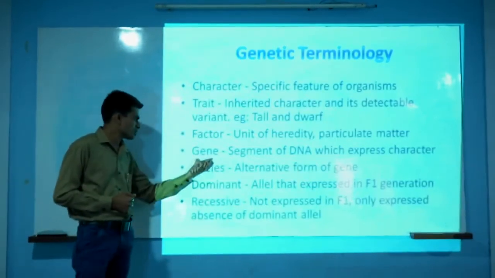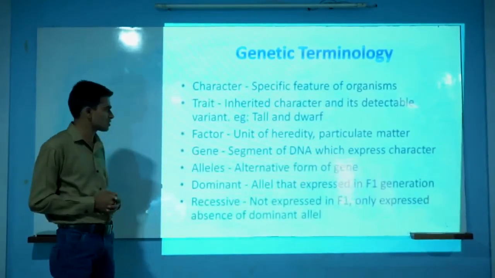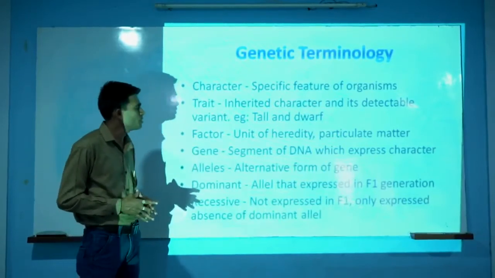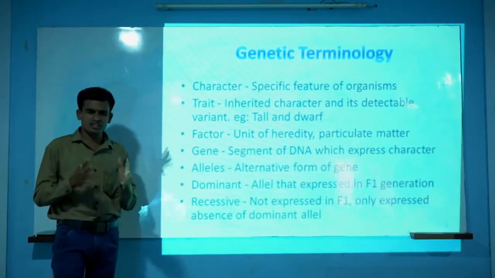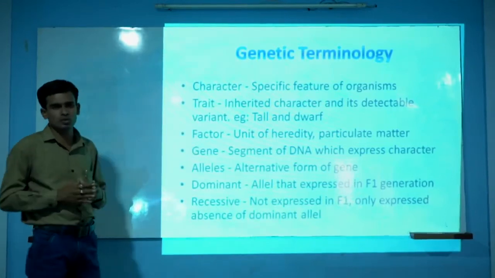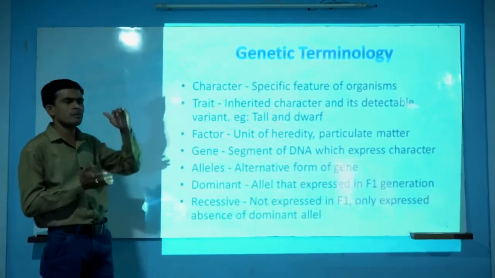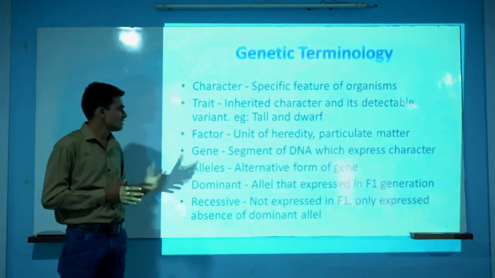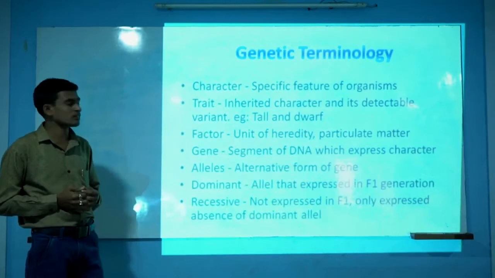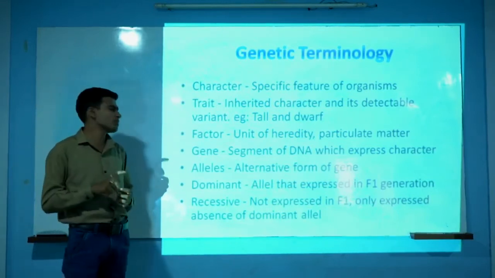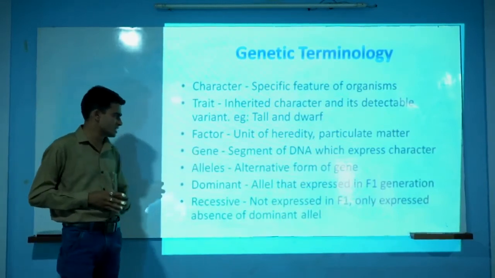Next, genes. Genes are a modern concept: a segment of DNA which expresses the character. We know DNA is a large molecule, and the fragment of that DNA meant for the expression of the character is called a gene.